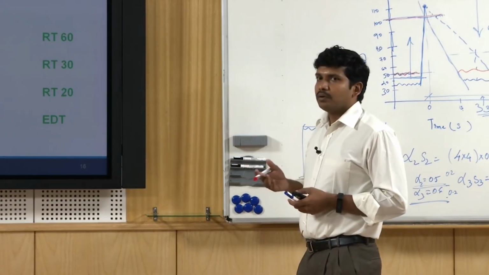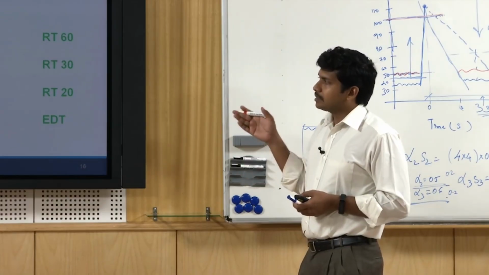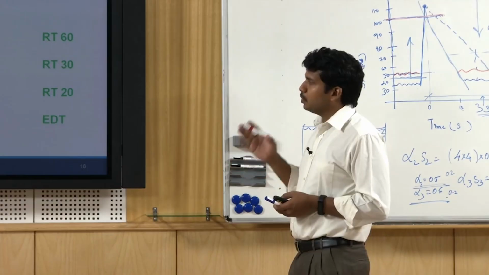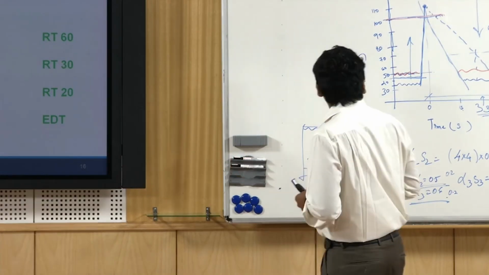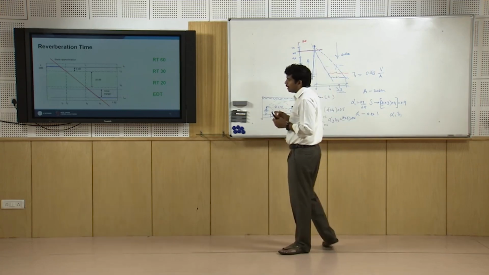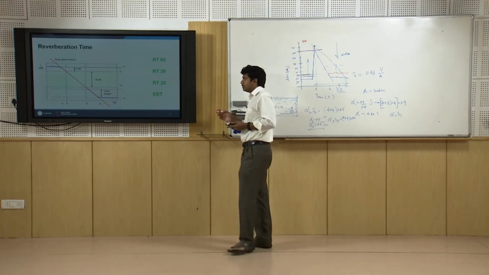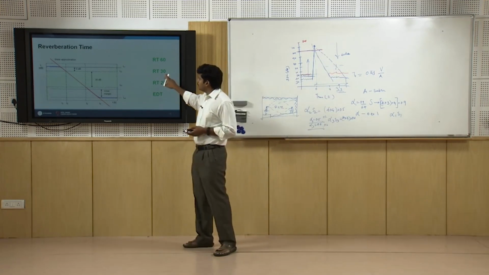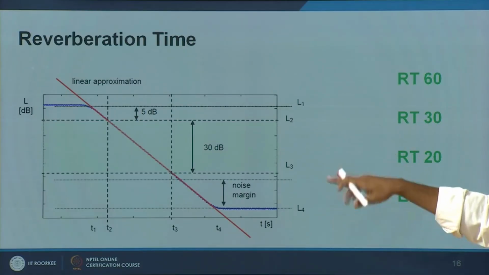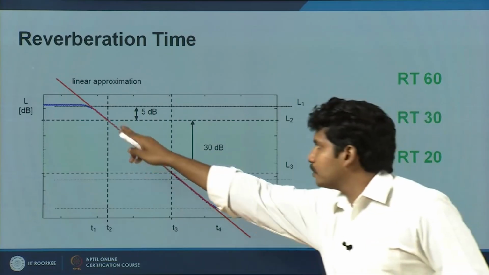One more thing you have to note: RT30 does not mean it is half of RT60. It is an interpolated value where the slope is primarily considered. You are actually counting the decay, this particular slope is taken.